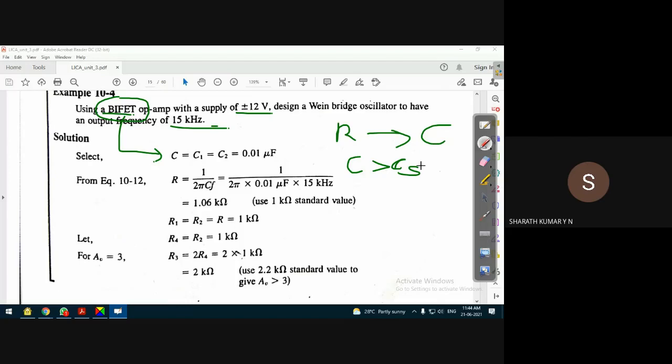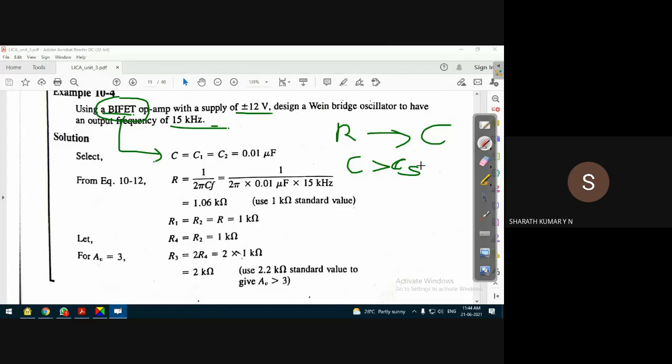Just a second, I'll check the bi-FET op-amp data sheet. I have one bi-FET op-amp example number here. I'll show you that and tell you the stray capacitance value. Just hold on a second. I have not scanned this. I'll scan it and share it after the class.